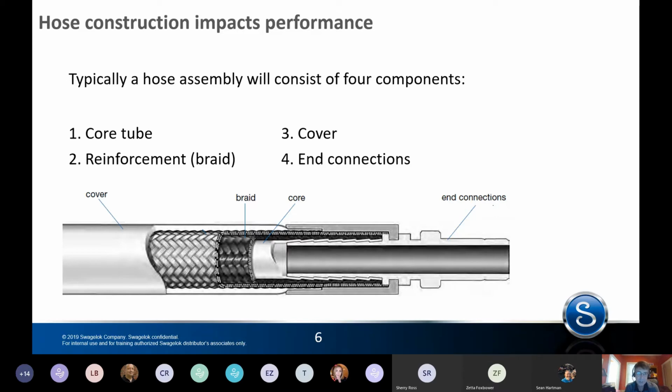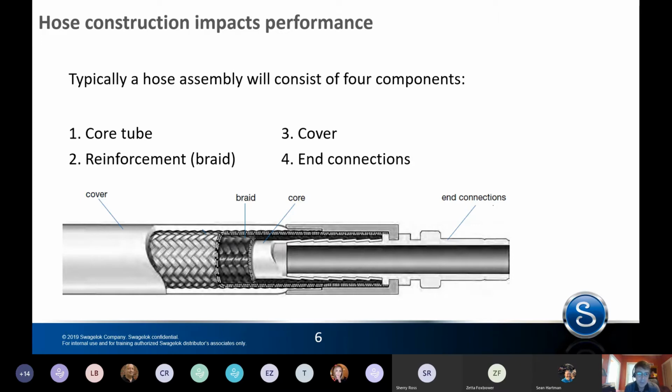So the inner core of a hose is actually a tube. And in this picture, it's a Teflon or PTFE tube. That's the core material. There are different core materials that see the actual media flowing through a hose. And that's pretty critical, of course, because it's what needs to be compatible with what the media is, whether it's gas or liquid, or sometimes solids.